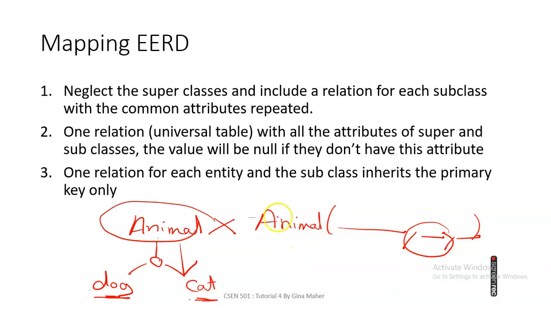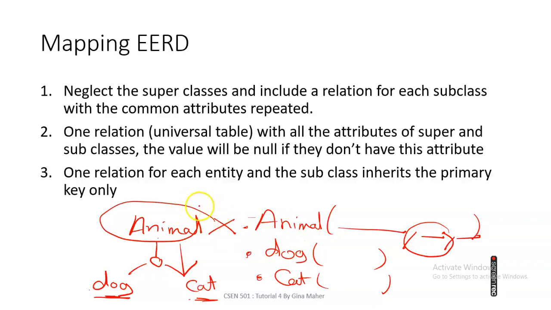The third approach, which can be used in this case, is one relation for each entity. So in this case, we will have a relation called animal, a relation called dog, and a relation called cat. So we are going to have three different relations, where the subclass inherits the primary key of the superclass only.